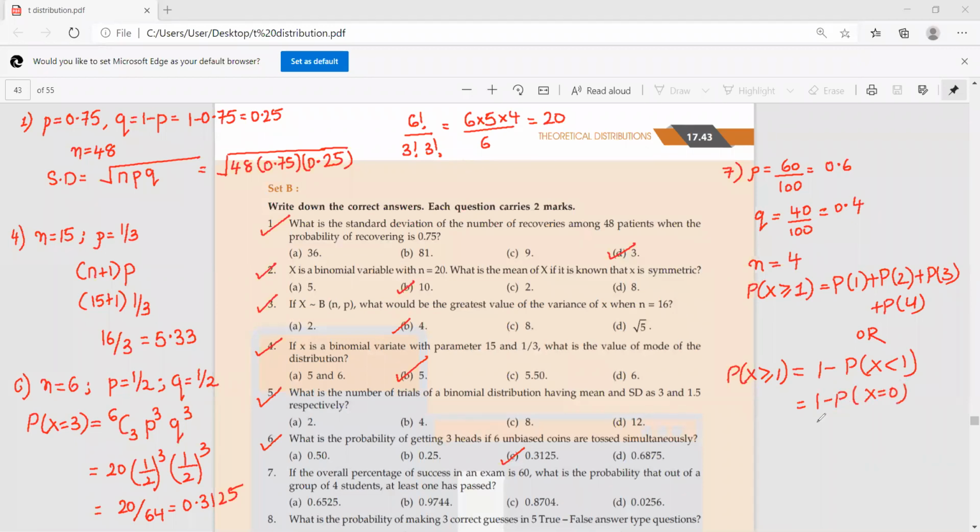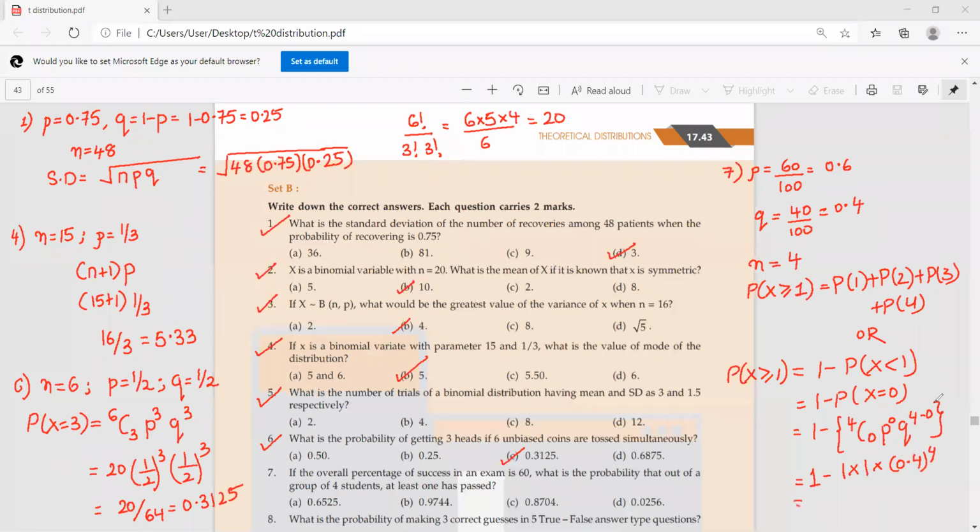सो या तो आप निकालेंगे पी ऑफ 1 प्लस पी ऑफ 2 प्लस पी ऑफ 3 प्लस पी ऑफ 4, या तो फिर आप क्या कर सकते हैं p of x greater than equal to 1 will be 1 minus p of x less than 1, यानी कि 1 minus p of x equal to 0, मतलब this will be 1 minus n दिया है 4, 4c 0, p raised to 0, q raised to 4 minus 0, so 1 minus 4c 0 is 1, p raised to 0 is 1, q is 0.4, 0.4 to the power 4. Correct.